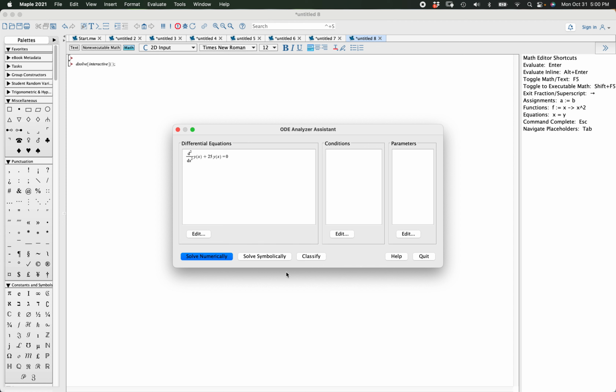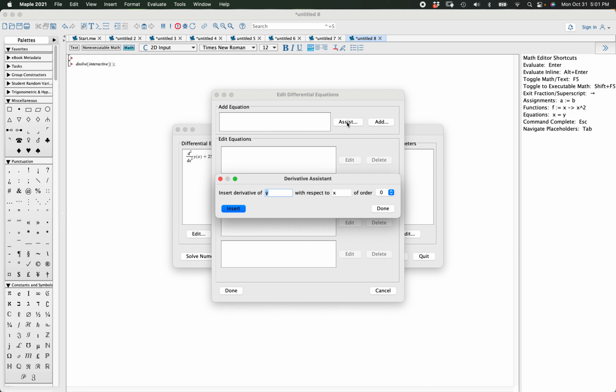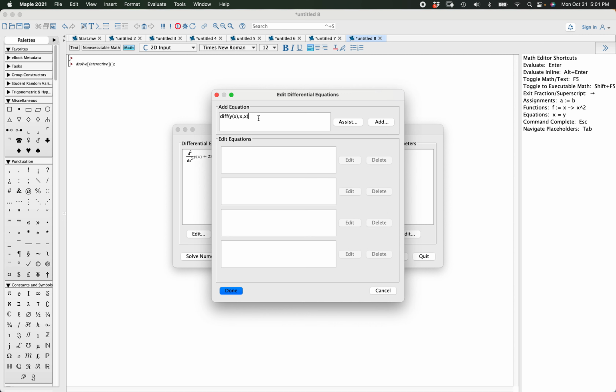Looking at the next item, if we go to Edit, I can just delete this equation, and for the next second order differential equation, again go to Assist, insert the derivative of y with respect to x of order 2, insert, and we have minus 30 times y of x is equal to 0.